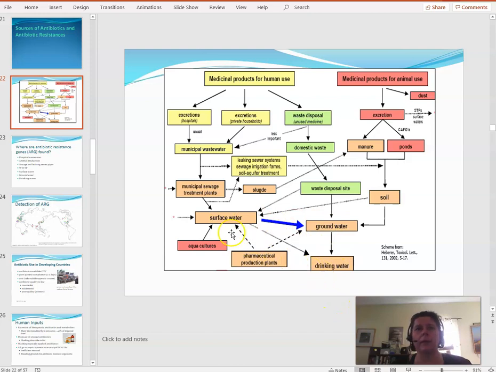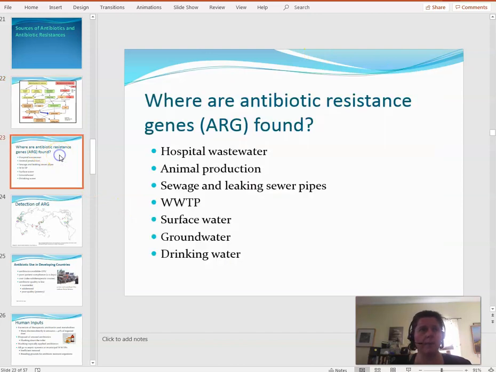It can get into our drinking water supplies. Pharmaceutical productions can have waste that comes out into these things. And then there's also animal use in animal husbandry. Again, their excrements can go into manure ponds, which get into our soil and our groundwater. So there are many different ways that these antibiotics are getting into our environment.